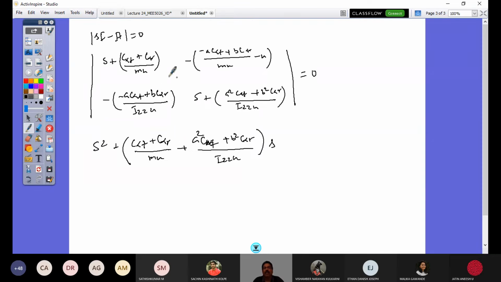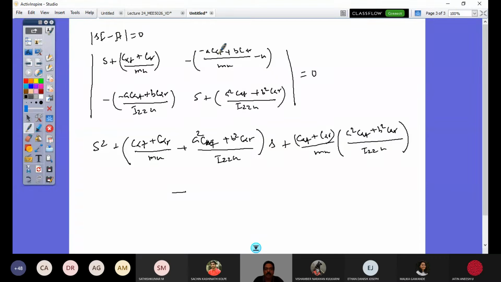And then I have these two constant terms, multiplication. So that's going to be plus (C alpha F plus C alpha R) by mu into (a squared C alpha F plus b squared C alpha R) by IZZ u, minus of these two. So this minus goes off, and I will have multiplication inside these terms.